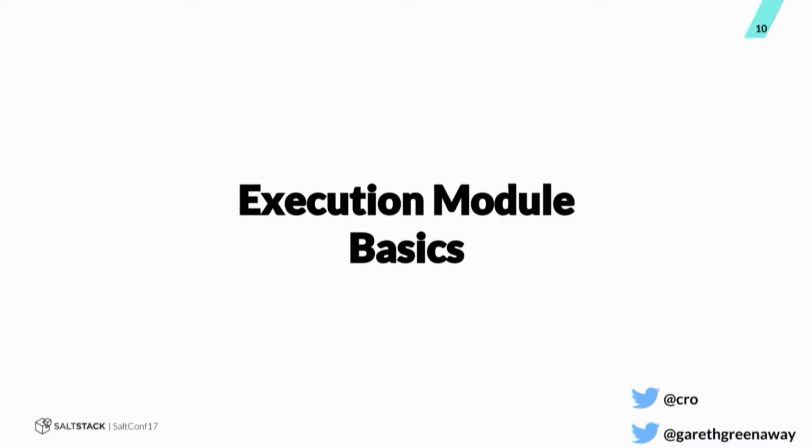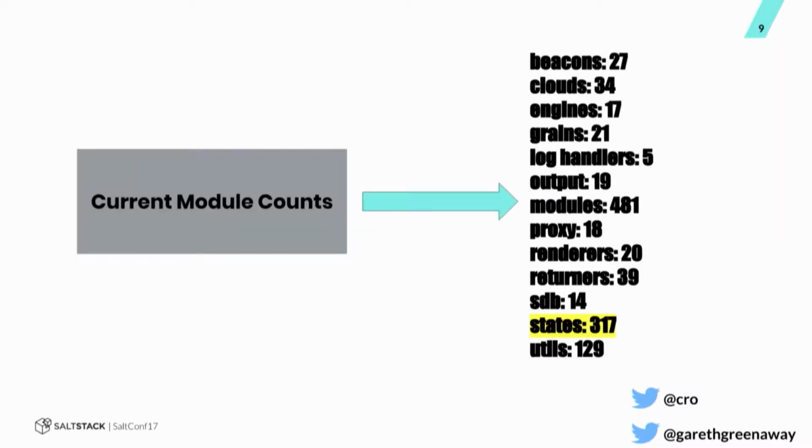So a couple execution basics. Actually, before we go on, one additional reason why you would want to use a custom module. How many people are running an unsupported version of Salt at the moment because you can't upgrade? How many people really want to use the latest features in the newest version of Salt, but you can't upgrade your version of Salt?